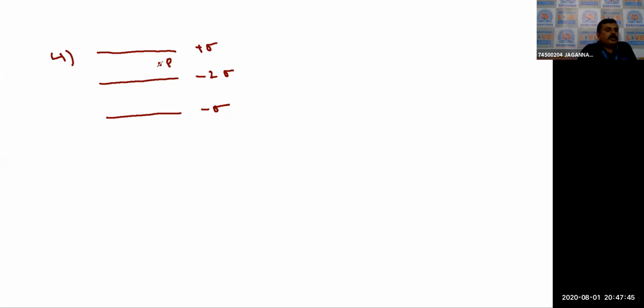For this one, the electric field due to all the plane sheets is along the z-axis, according to the given diagram. Due to this one the electric field is upward, due to this one also upward.